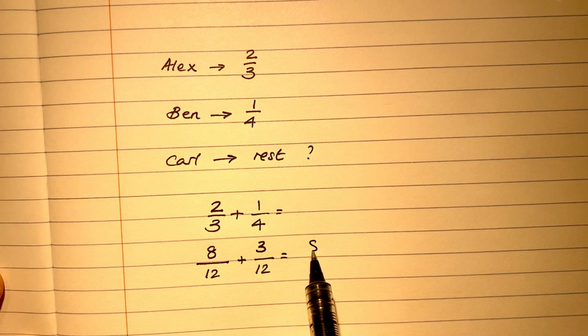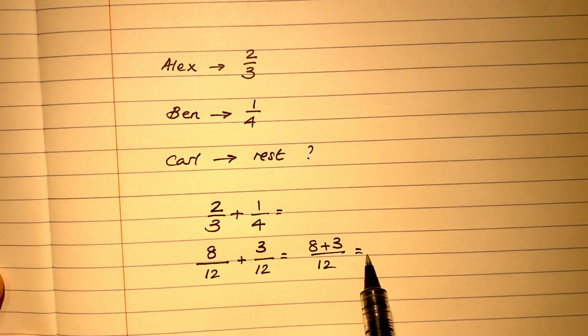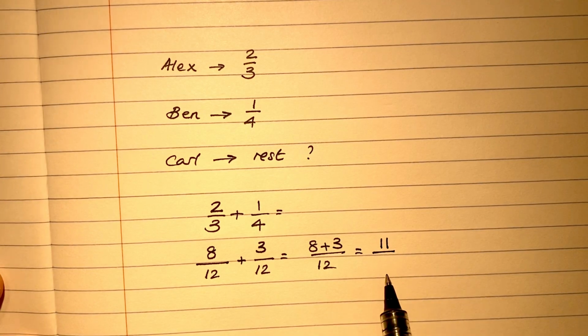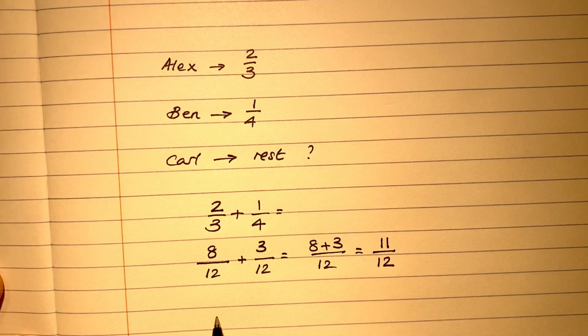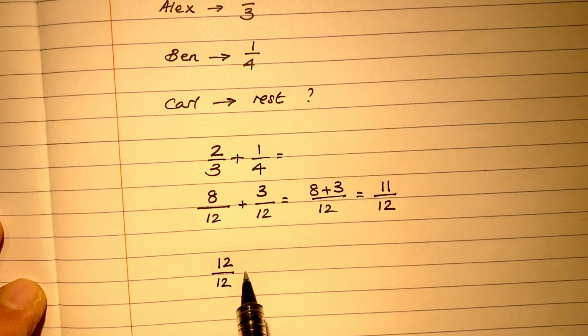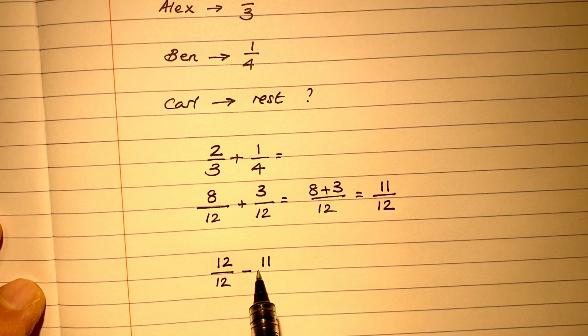So we have 8 plus 3 over 12. So 11 equal parts out of 12 is eaten away. So what's left? Well, if the cake was divided into 12 parts, we have 12 out of 12 parts, 11 out of 12 parts is gone.